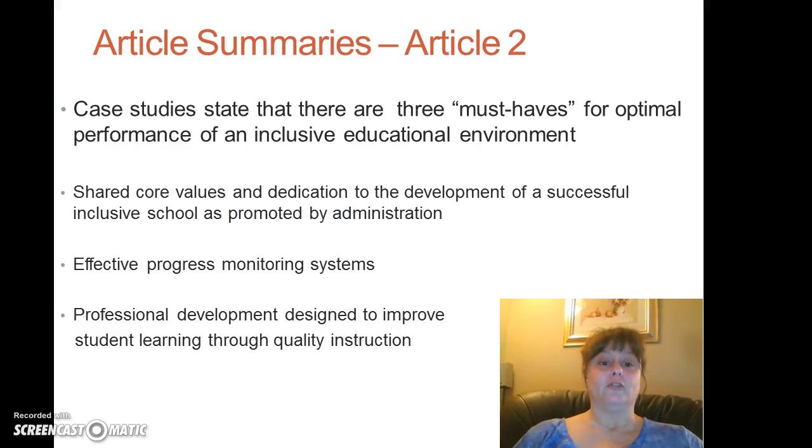First, shared core values and dedication to the development of a successful inclusive school as promoted by administration. Second, effective progress monitoring systems must be in place to ensure inclusive educational environments. And third, professional development must be designed to improve student learning through quality education.